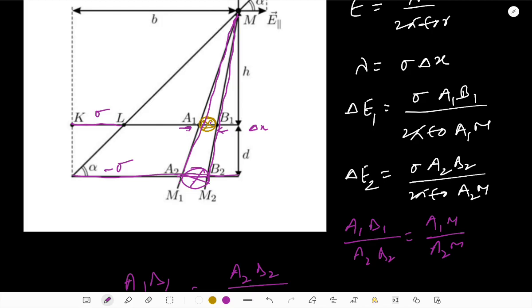So the required electric field E at point M will be equal to the electric field created by this strip KL.